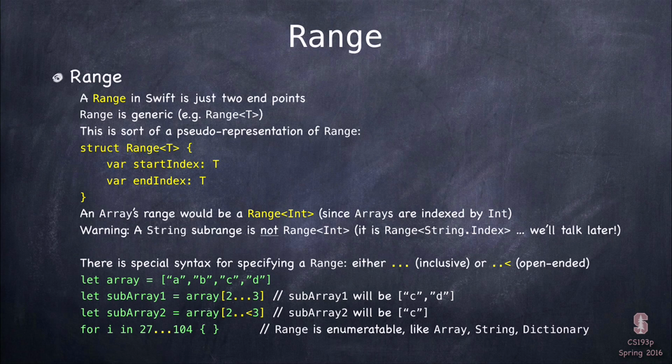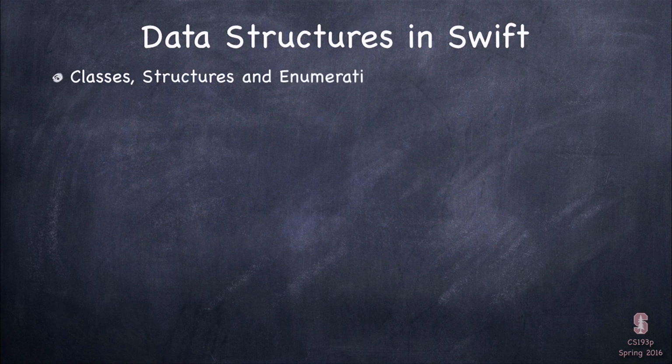For loops in Swift are all for-in like this. So if you wanted to go for i equals 1, 2, 10, i plus plus or whatever, you would do that with these ranges like this. For i in 27 to 104 or whatever. And you can make ranges that are more powerful than just direct ranges. I can't talk about that really time-wise, but again, check the documentation and you'll see how to do ranges. So that's when you see that.